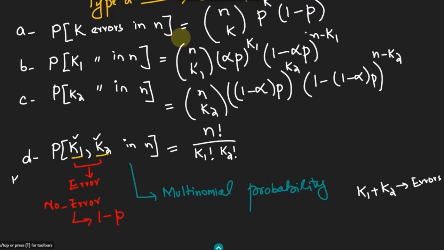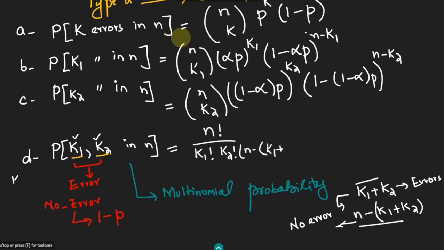The terms which are left will be of no error, and to find it we have to subtract these terms from n, so I will get n minus k1 plus k2. So these will be the terms with no error. Similarly writing here n minus k1 plus k2, and the factorial of it. After it, we have to multiply the probability of all these terms.